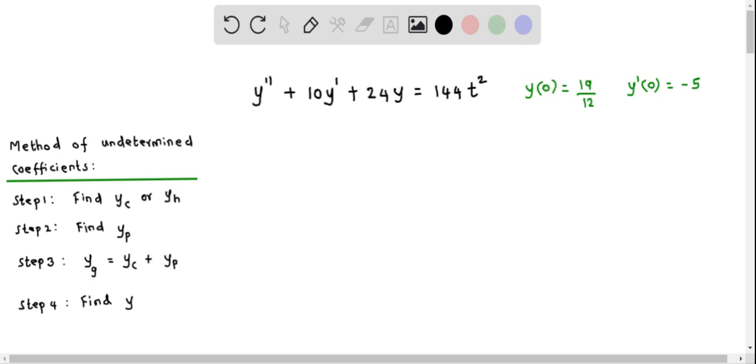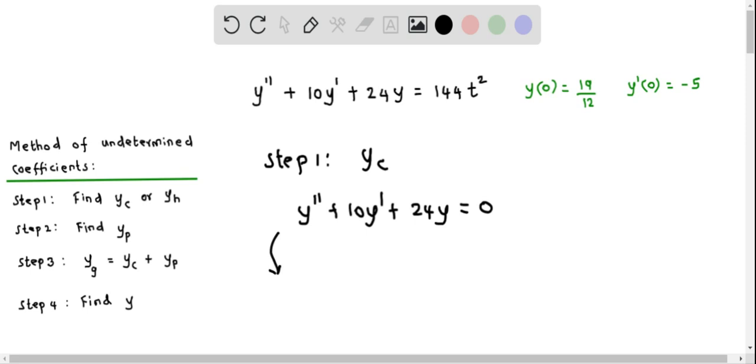So let's start off with step 1. Here we have to find the complementary function yc. We find this by setting up the equation with the left side equals 0. So I'm going to set it up as y double prime plus 10y prime plus 24y equals 0.